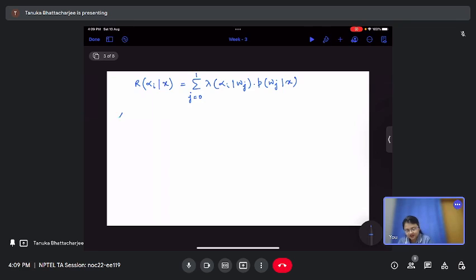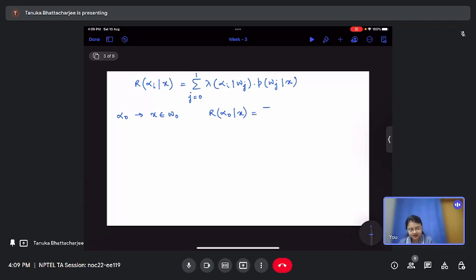As we said, alpha 0 corresponds to being classified, so this means we are classifying x as an element of omega 0. This is our prediction. In that case, what is the risk of the action alpha 0 given x?